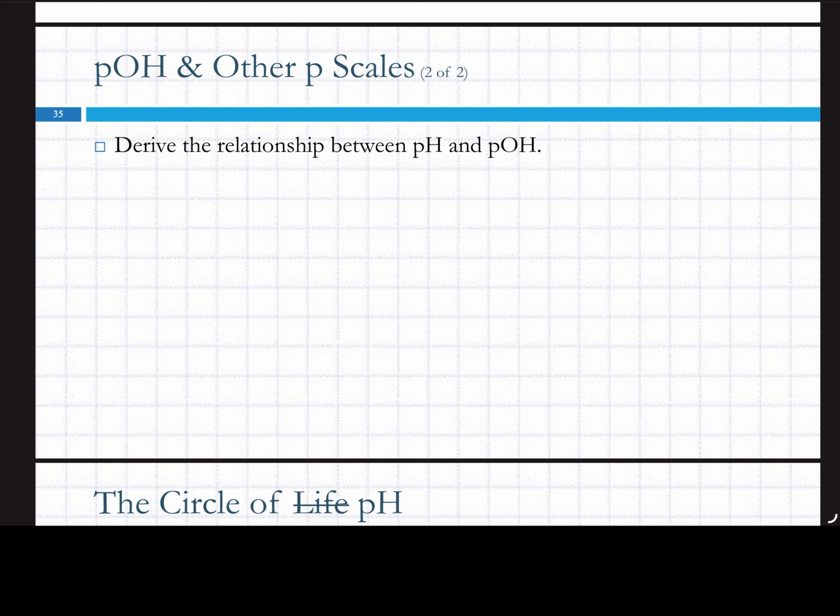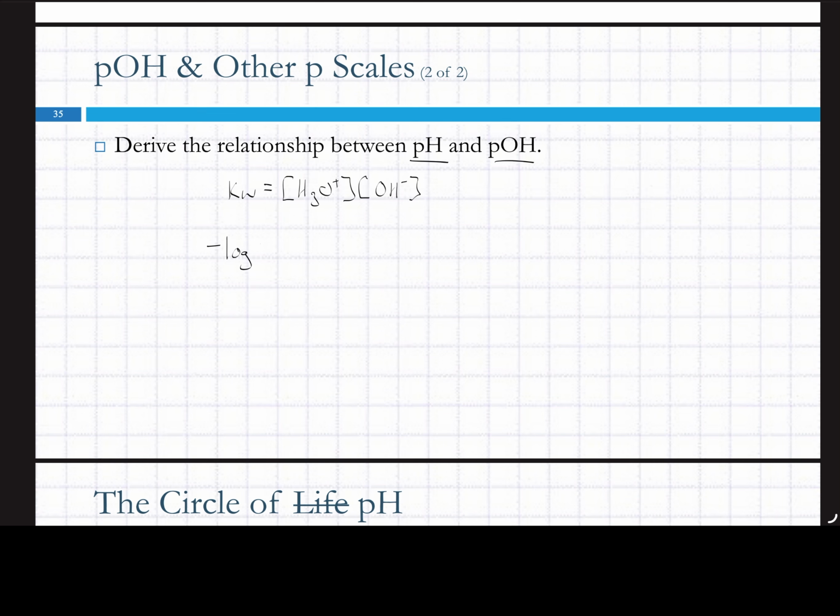So the relationship between pH and pOH, we really just start with Kw and the concentration of H3O plus times the concentration of OH minus. And then we take the negative logs of everything.